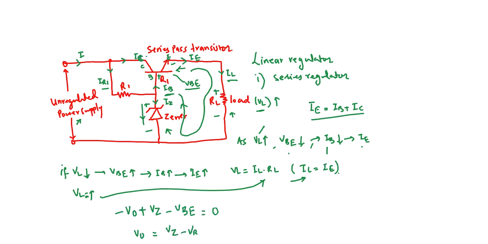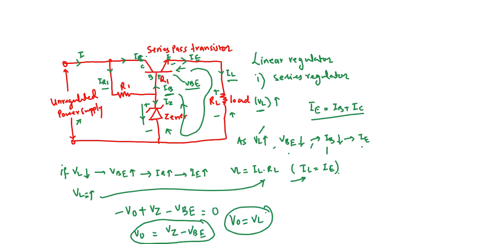That makes sense. Your output voltage will always be the zener voltage minus the base to emitter junction drop. So that's your output equation. Remember VO is equal to VL. This is how the simplicity of the circuit works.